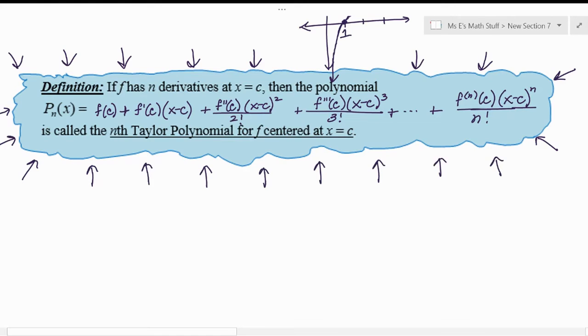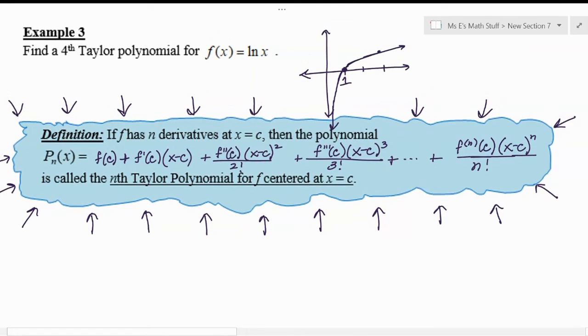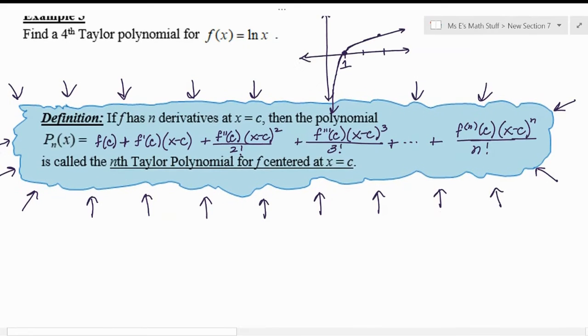So, all right, my friends. Now let's go ahead and show how to use this beast to finish example 3 out. And so we'll center it at x equals 1.